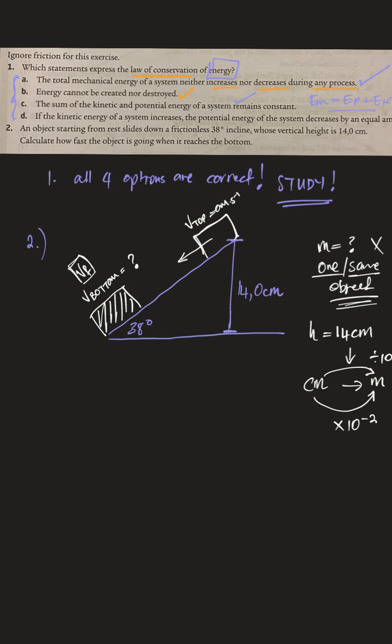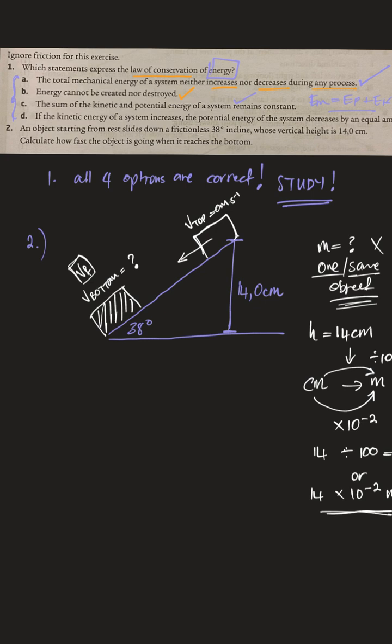So that's another conversion you can add to your list of conversions. So now I would say 14 divided by 100, which gives me 0.14 meters. Or I could have said 14 times 10 to the power of -2 meters. I can use any one of these. It's the exact same thing.